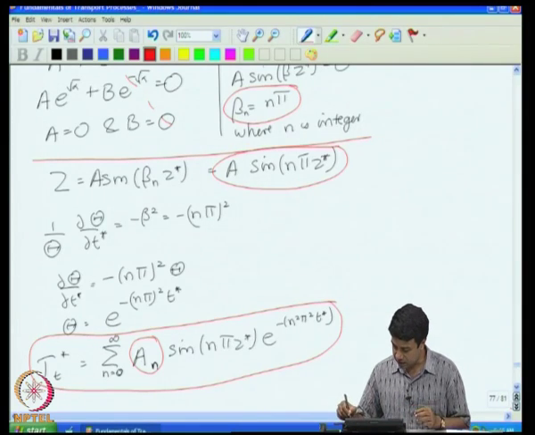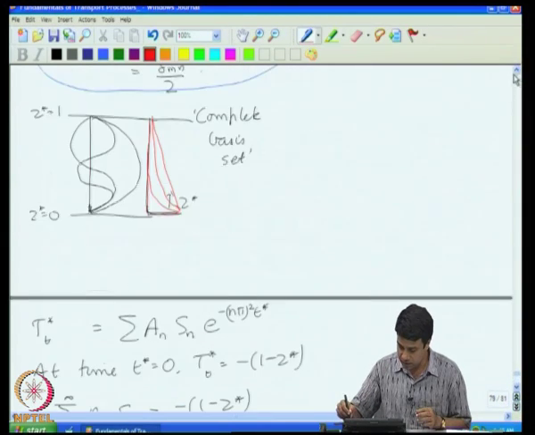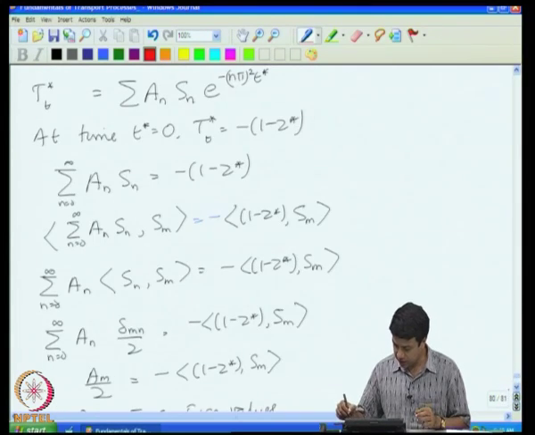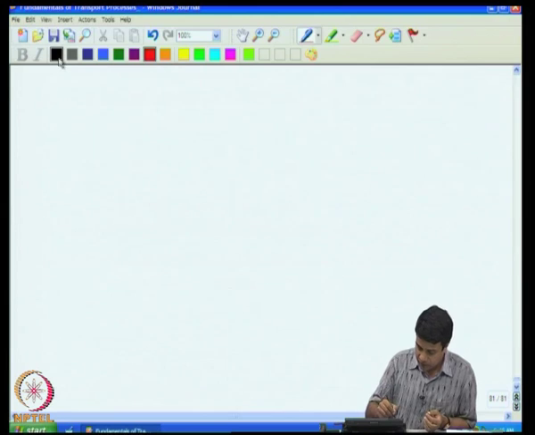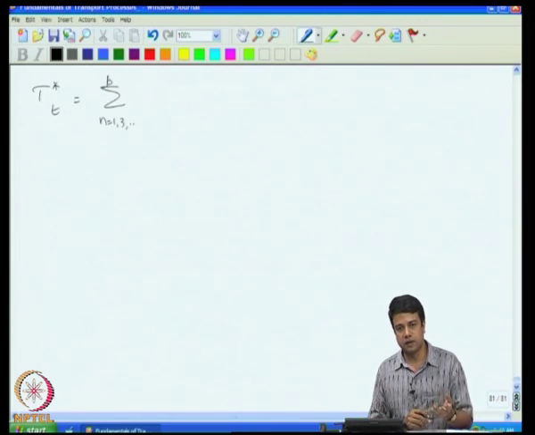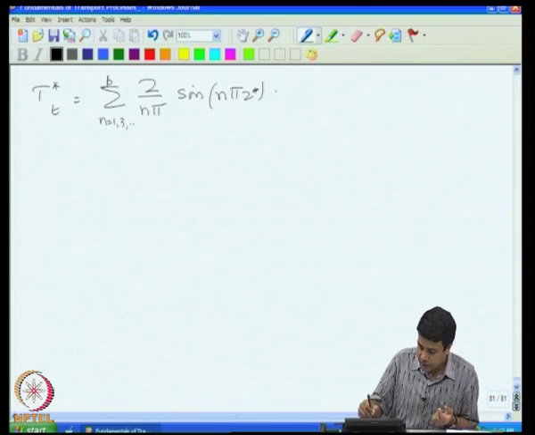So, for example, I could get a good numerical approximation to this equation by writing it: T star transient is equal to summation from n is equal to 1, 3, etc., let us say up to p, some number p, p may be 50, 100 and so on, of 2 by n pi sine of n pi z star e power minus n square pi square t star.